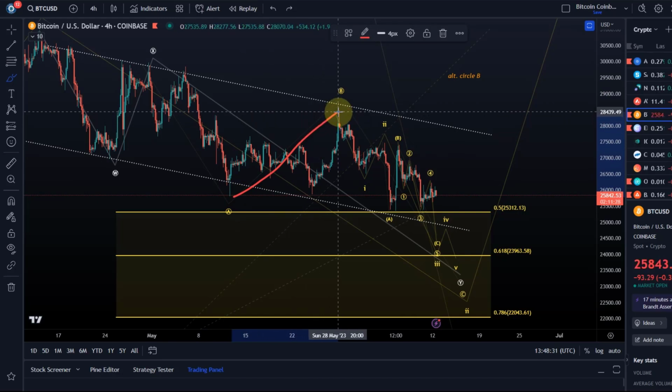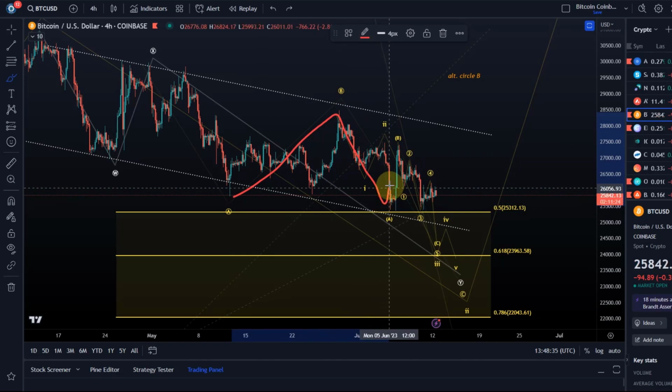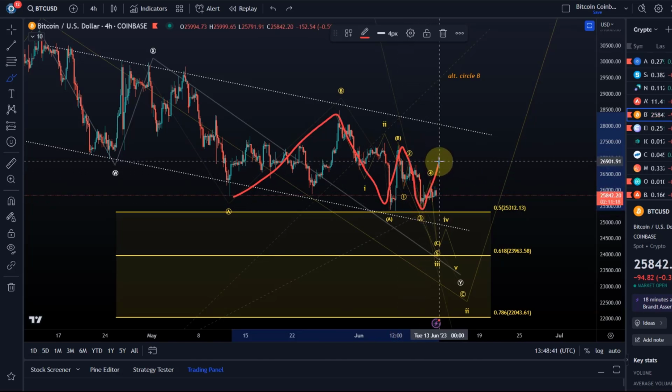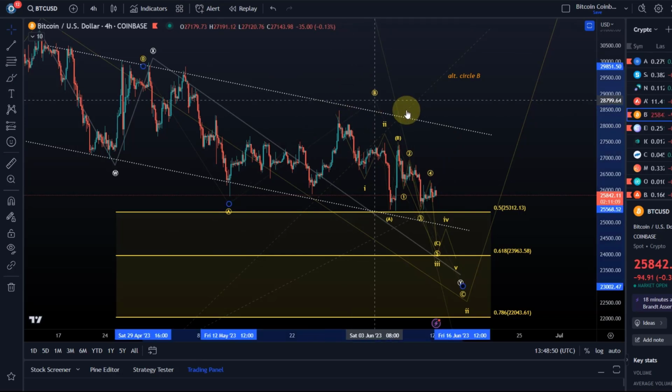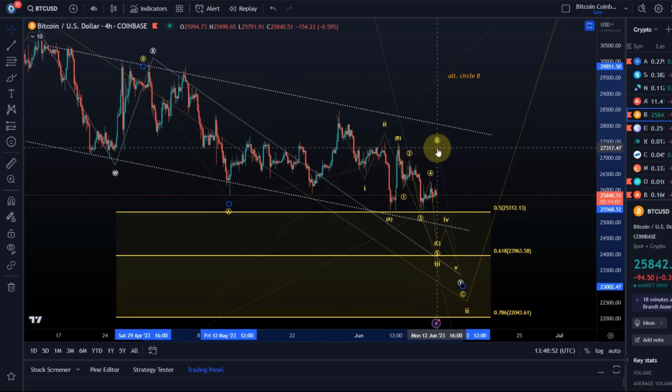A triangle consists of 5 waves, A, B, C, D, E. The B wave of the triangle, the C wave of the triangle, the D wave, and this could be an E wave, which could go all the way up to 27,420 roughly, okay? And then the B wave would just sit here. That's sort of short-term bullish, but still overall would lead to another low.